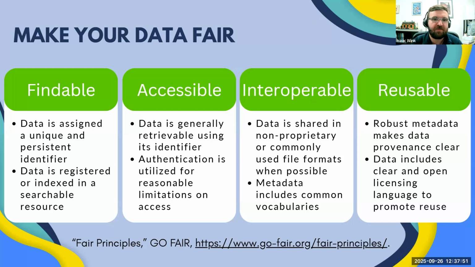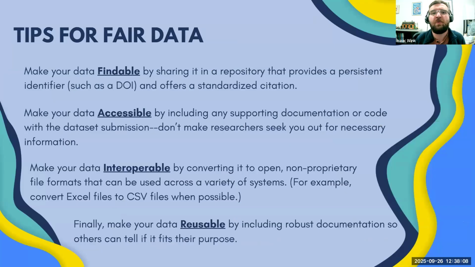FAIR stands for data that's findable, accessible, interoperable, and reusable, and exists as a standard for being able to compare the quality of data sets across disciplines by providing some general principles that could be applied across a lot of different disciplines. And so I wanted to share just one example of what each of those might correspond with in the context of sharing data that you want published and reused by others.